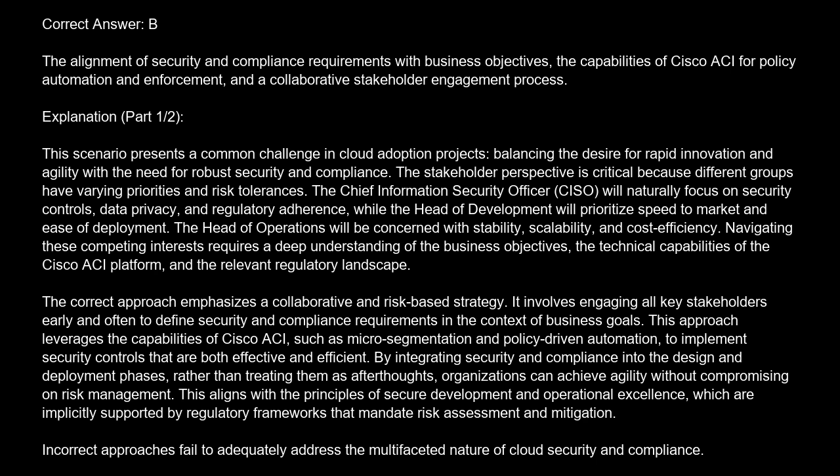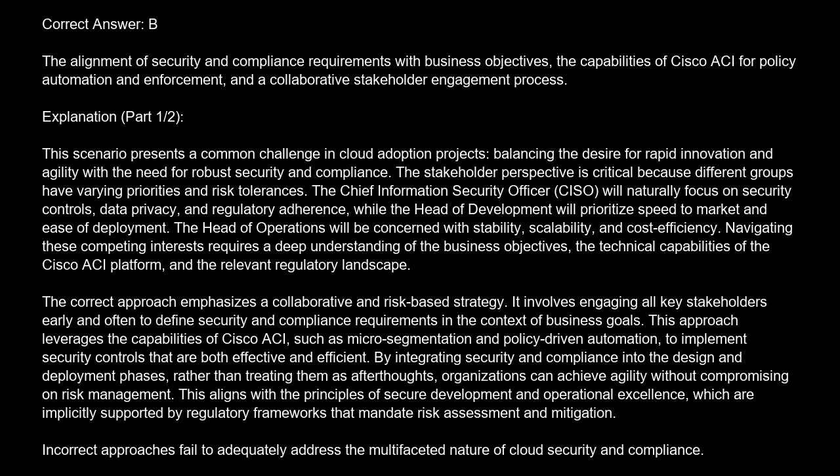The correct approach emphasizes a collaborative and risk-based strategy. It involves engaging all key stakeholders early and often to define security and compliance requirements in the context of business goals. This approach leverages the capabilities of Cisco ACI, such as microsegmentation and policy-driven automation, to implement security controls that are both effective and efficient.